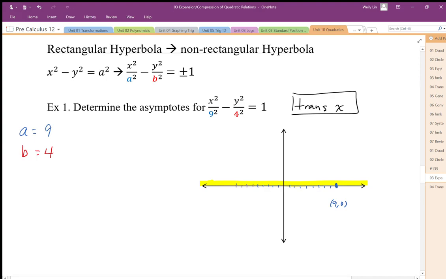It's about the same. So that's going to be negative 9, 0. I need to do the same along the y because there's a vertical expansion of 4 along the y. So 1, 2, 3, 4. That's going to be 0, 4, and then 1, 2, 3, 4, so that point's going to be 0, negative 4.